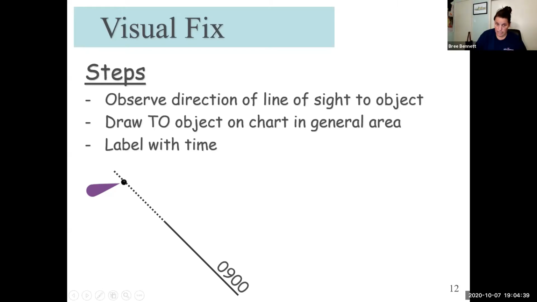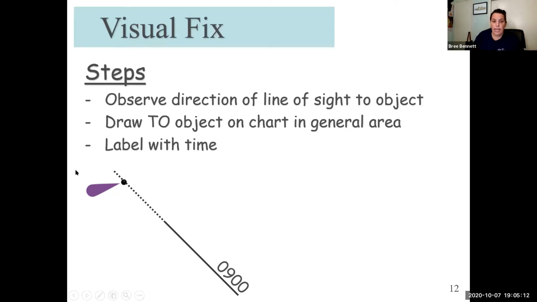I could start my line down here and draw it towards the line of interest. Some people like to say draw it away from the chart. I find that a little bit confusing. So if we know generally where we are, and hopefully we do because we've plotted a DR, we can draw from our general area towards that light just like we see it. We're on the boat, we see it at 320, we're going to draw a 320 line.